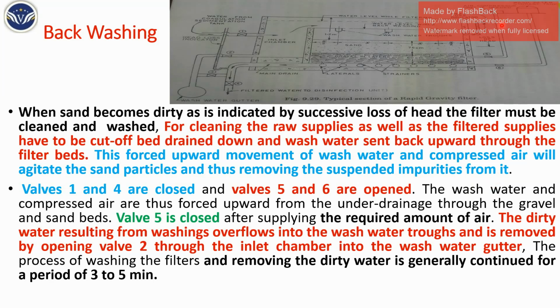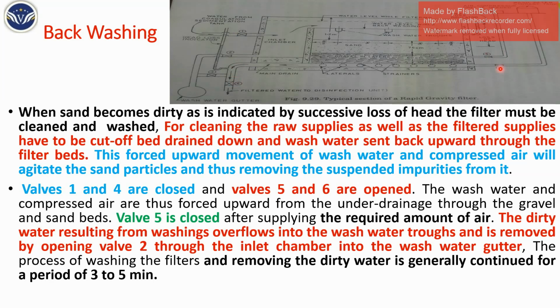We pass compressed air as well as water, and by doing so we remove the impurities that have been clogging the filter media. For this operation, we close valve number 1 and valve number 4.